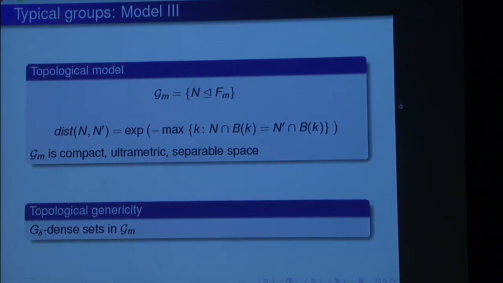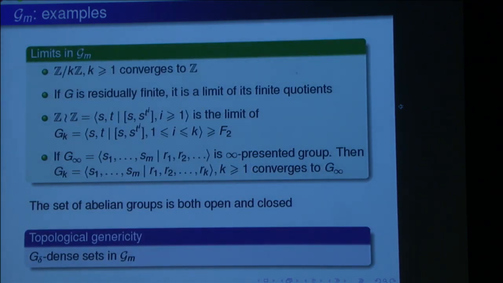But there is a little trouble with this approach. I will discuss this trouble in a minute, but first let us analyze a few examples. I don't discuss this space in detail because you will see very quickly that there are some troubles with this approach. But okay, so what are the limits?